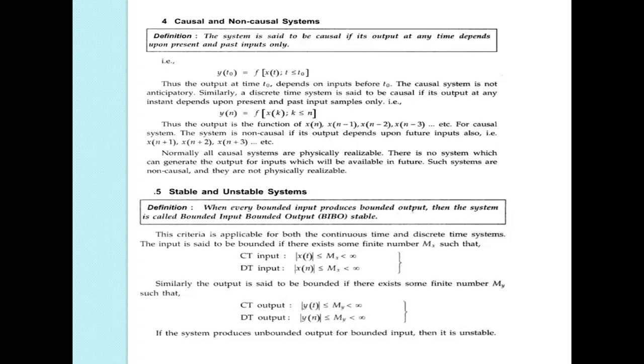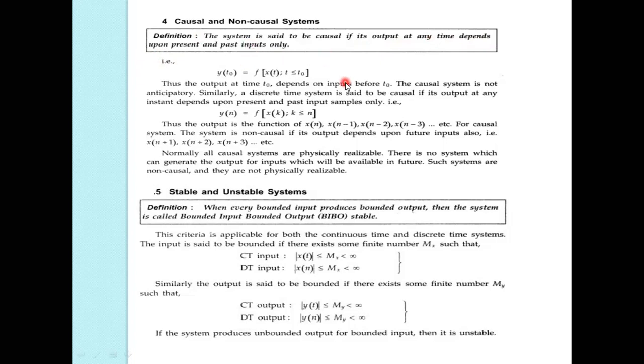Here, a system is said to be causal if its output at any time depends upon present and past inputs only.